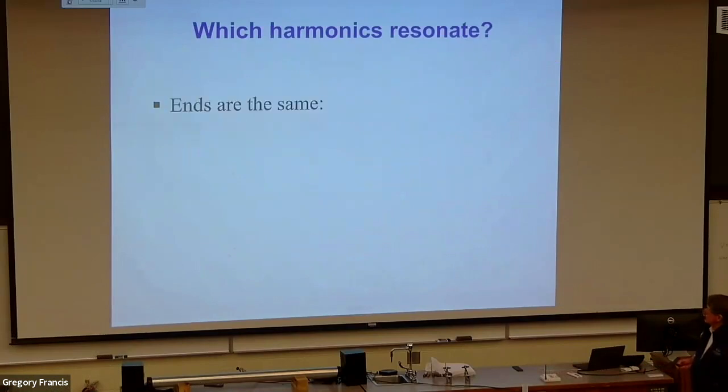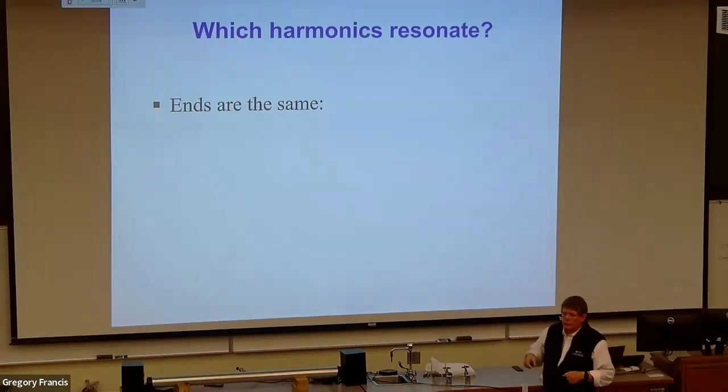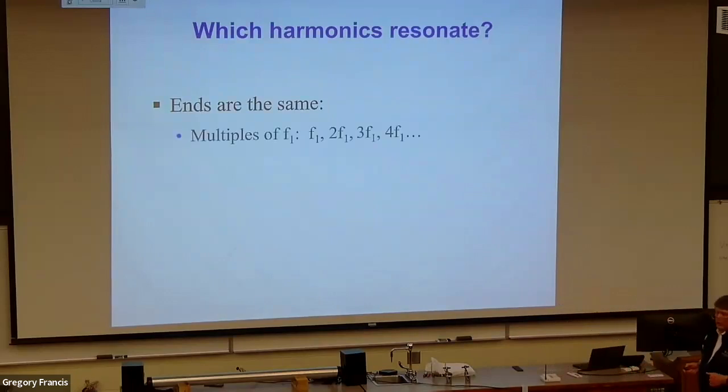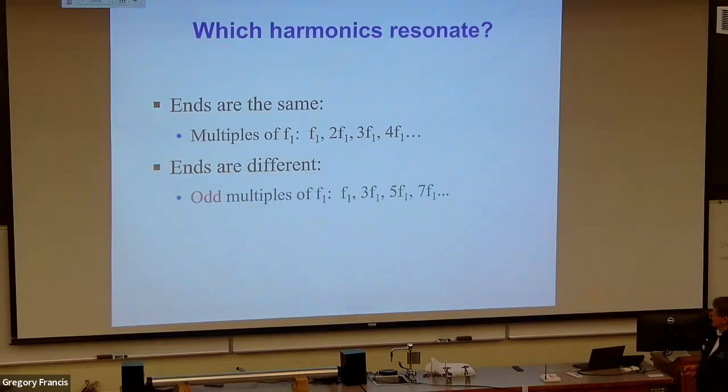Again, if the ends are the same, either both nodes, like a string that's tied at both ends, or the aluminum rod that's an antinode at both ends, I get all of the harmonics, 1, 2, 3, 4, 5, 6, 7, 8. If the ends are different, like the closed organ pipe or the hacksaw blade, I only get the odd harmonics.